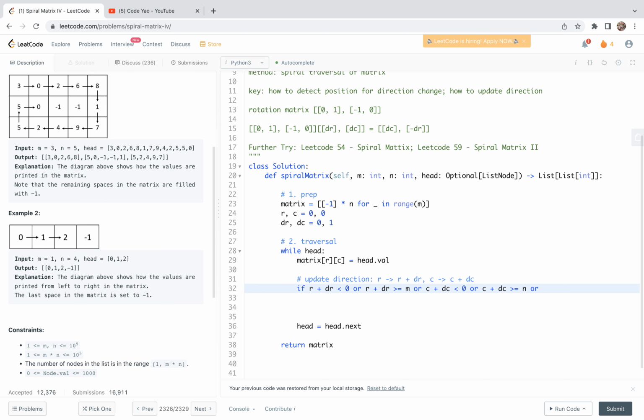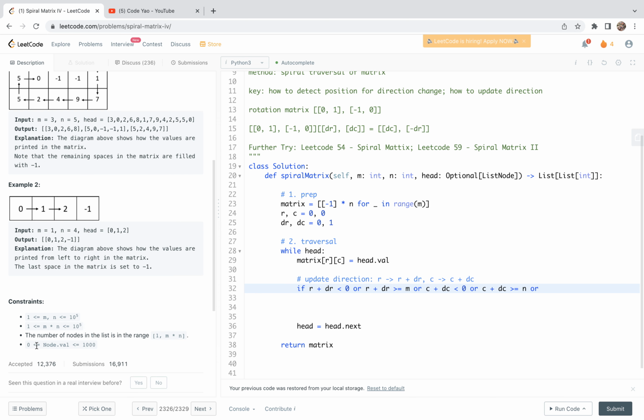Or another case is that we already set the matrix value, because from the assumption of the problem, the node value is greater than or equal to 0. Then we can check matrix[r plus dr][c plus dc]. How do we check if this value is set or not? We examine whether it equals -1 or not. If it's not equal to -1, it means it's already set.